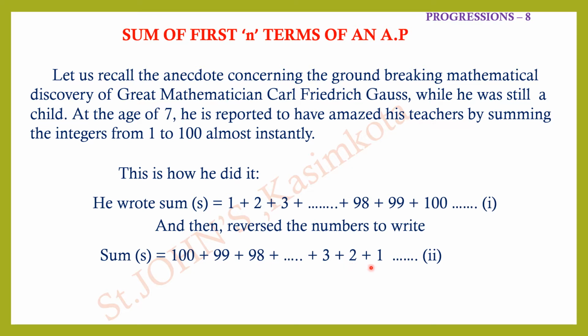How many times? 100 times. Two sums means 2S equals 101 plus 101 plus 101 and so on, 100 times.